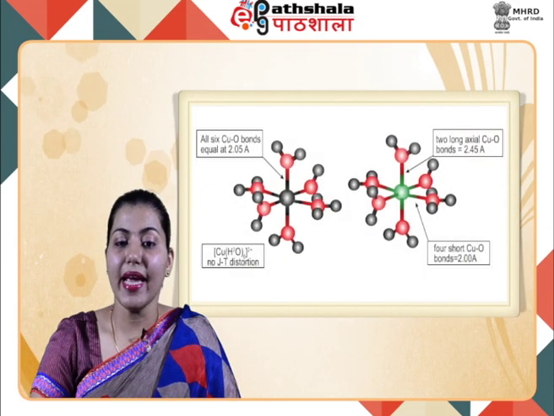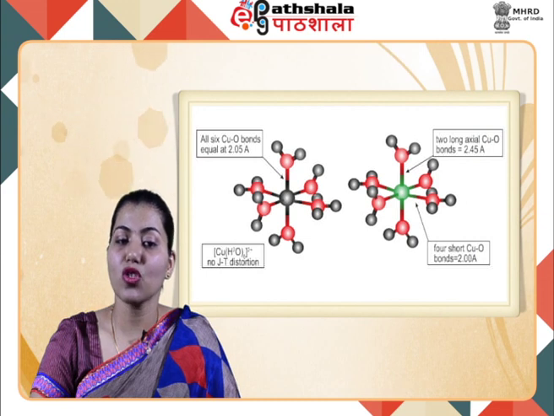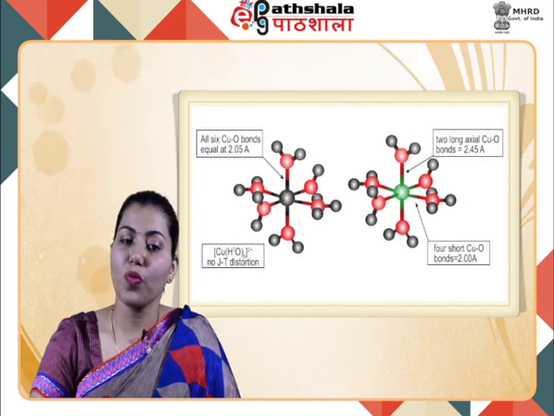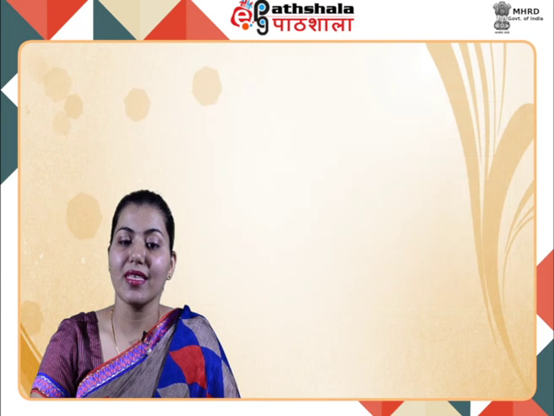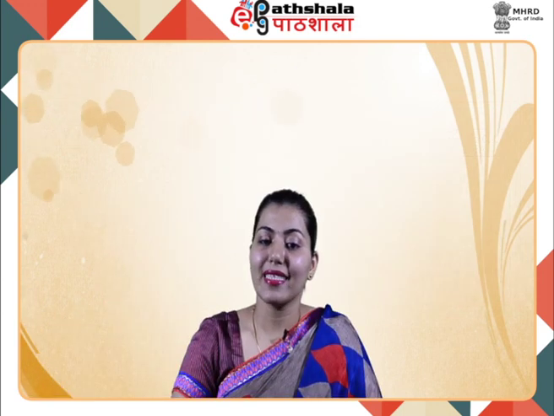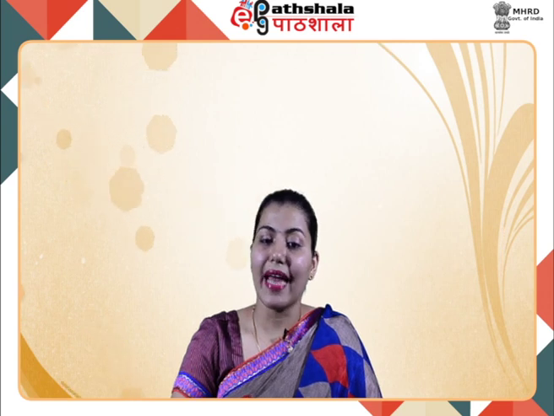This can be seen in figure 3. In the d8 situation, the extreme of distortion gives full occupation of the lowest lying dz square, dxz, dyz and dxy orbitals and an empty dx square y square orbital, also resulting in an increase in the CFSE value.